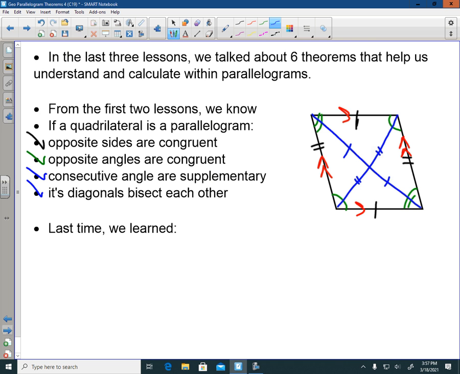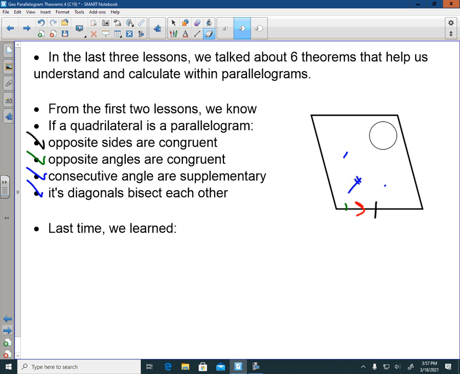And when you put them all on one parallelogram, it's a bit of a mess. Now, the last time we talked about how can you tell that a quadrilateral is a parallelogram? What conditions need to be met for that to be true?